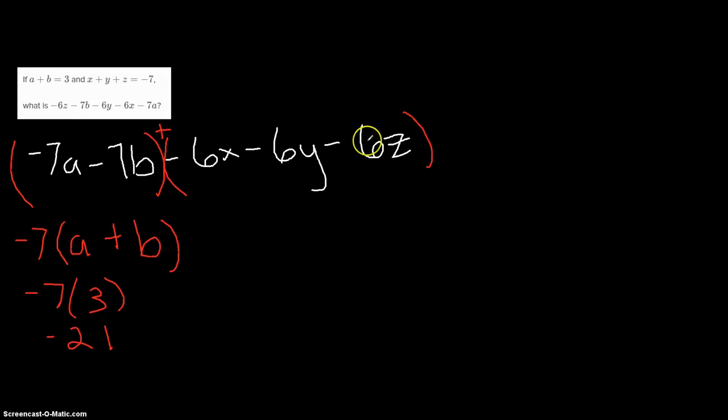Alright, and then we can factor out negative 6 from here, and we would be left with x plus y plus z. And we know that x plus y plus z equals negative 7.